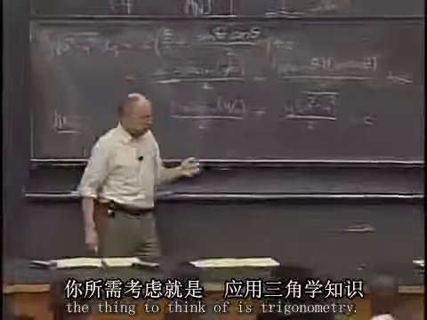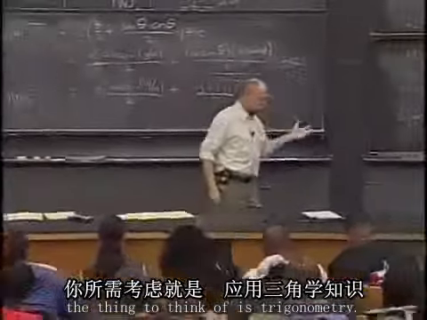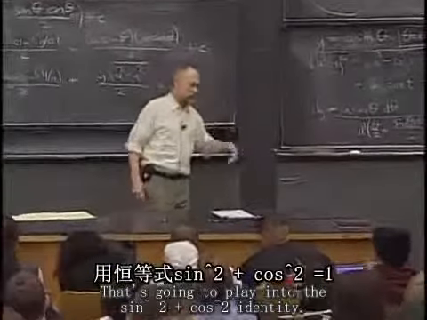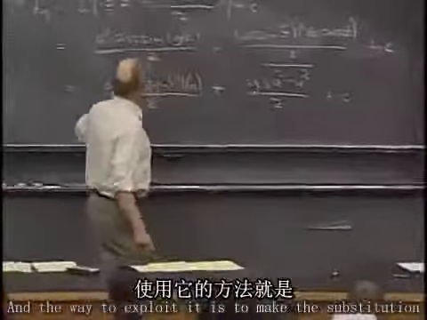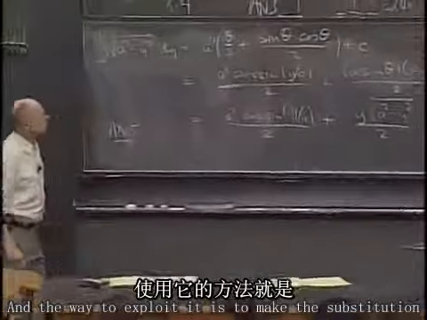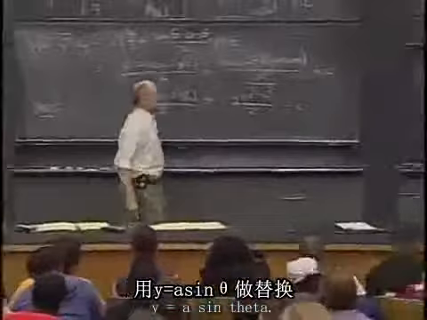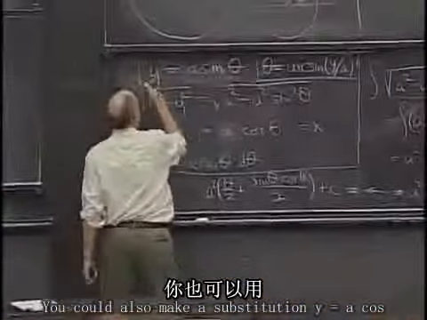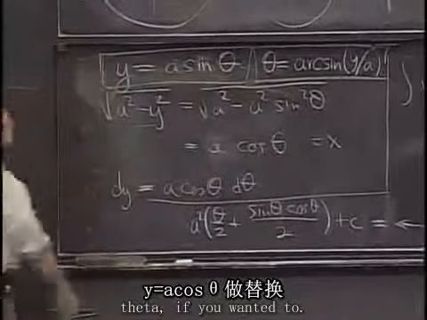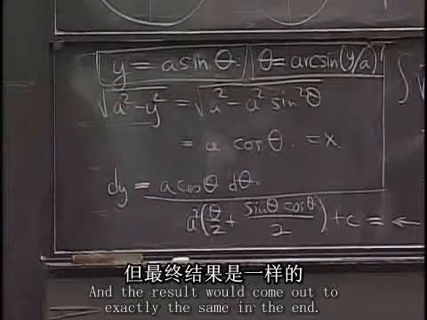Whenever you see that, the thing to think of is trigonometry. That's going to play into the sine squared plus cosine squared identity, and the way to exploit it is to make the substitution y equals a sine of theta. You could also make a substitution y equals a cosine of theta if you wanted to, and the result would come out exactly the same in the end.